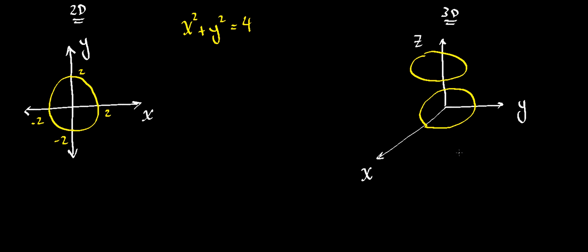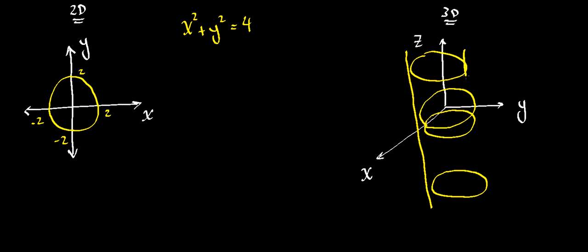Same thing happens when z is equal to negative 50. What about when z is equal to negative 0.125? Well, it's still a circle. Eventually we're going to have an infinite number of circles that goes from z equal to negative infinity to z equals positive infinity. And this equation becomes an equation of a cylinder in 3D.